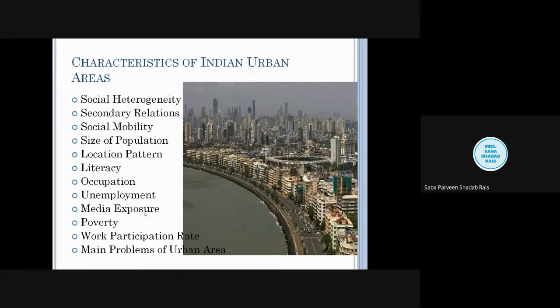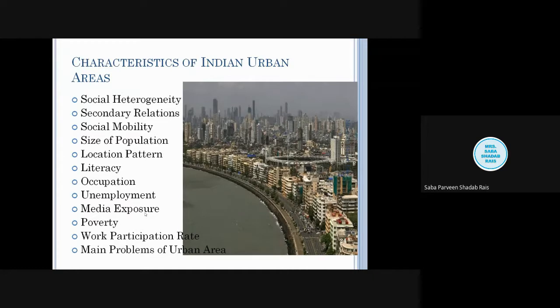Even the women are not that much respected in urban areas as compared to rural areas. So sexual abuse is very high in the urban area, but in villages you will not find such abuse.